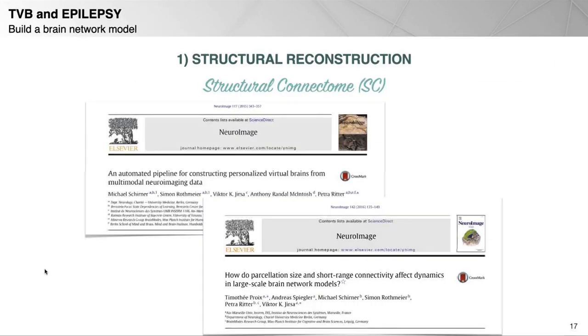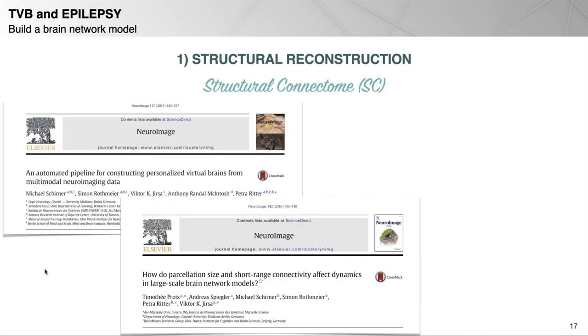So the first thing we need to do is to reconstruct the structure of the brain. This workflow was introduced and presented in the two following papers. One from Misha, who is one of our members and will give a talk about it later in the virtual course, and the other one from Timothée Proix.